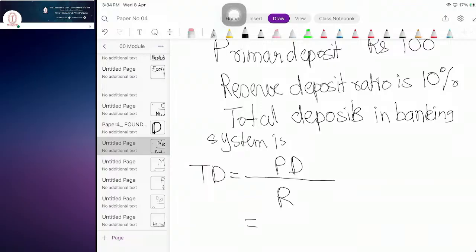So if the primary deposit was 100 and the reserve deposit ratio is 0.1, how much will be the total deposits? Do the calculation and tell me. You should not require a calculator to do this. What would be the total deposits?